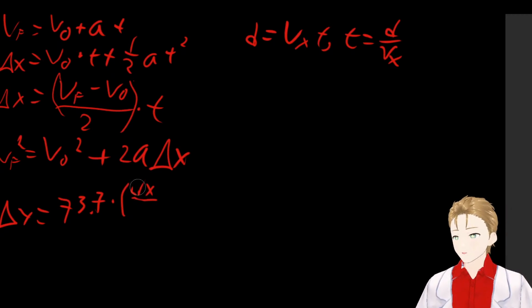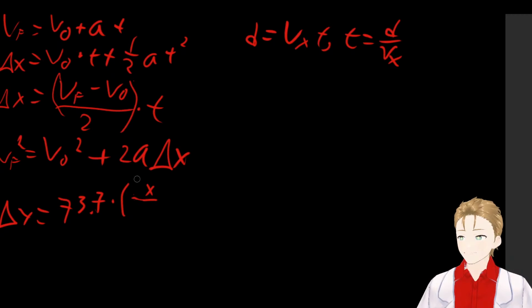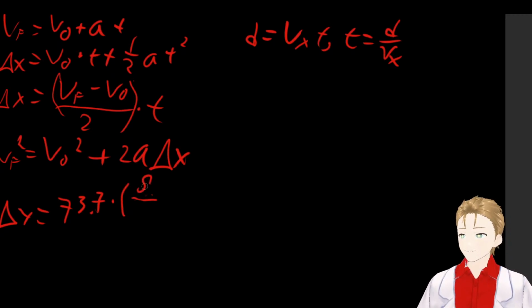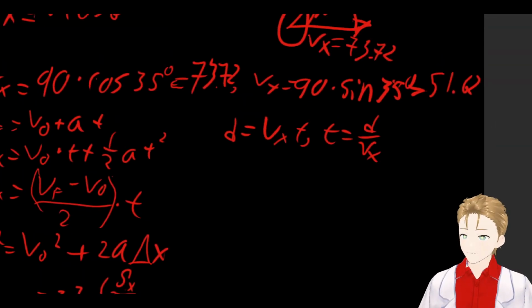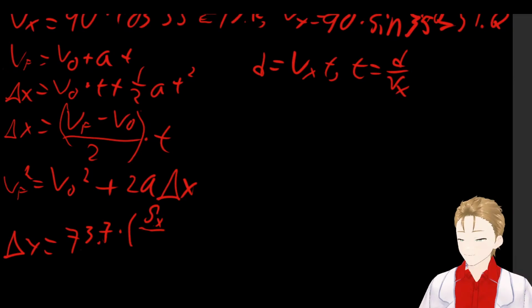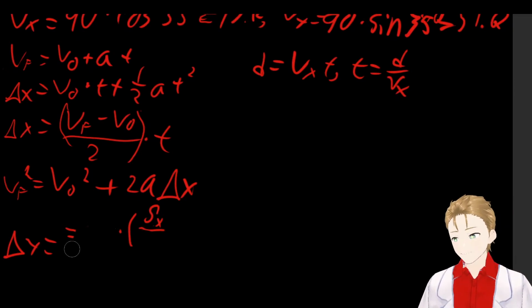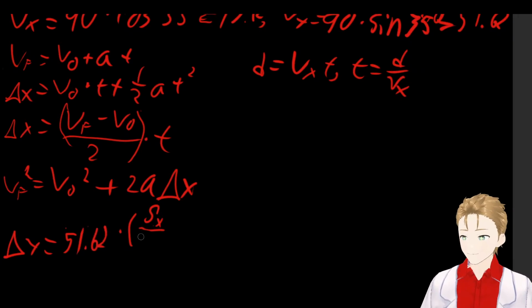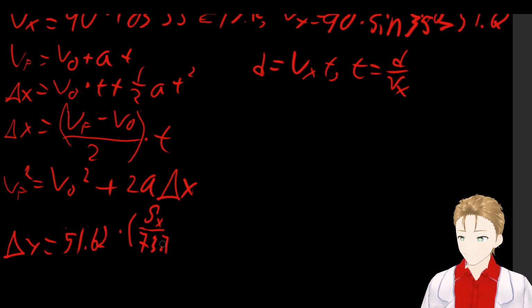That makes it look very much like a derivative. Maybe I'll use s sub x. Wait a minute. Vx is 51.62 and 3.72.